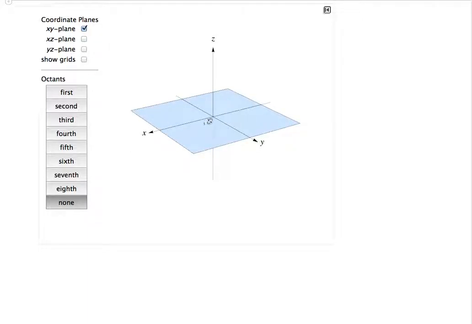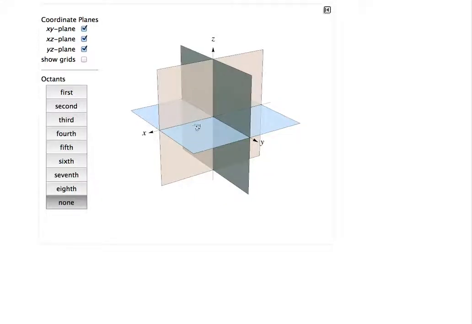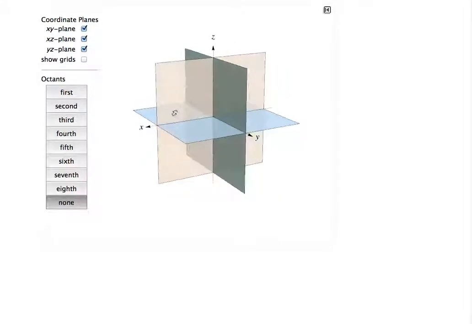This figure is just helping us identify what different planes look like. For example, the xy plane is a horizontal plane, the xz plane is a vertical plane along the x-axis, and the yz plane is along the y-axis. Let me put them all on here, and we end up with a figure that shows 8 different quadrants.